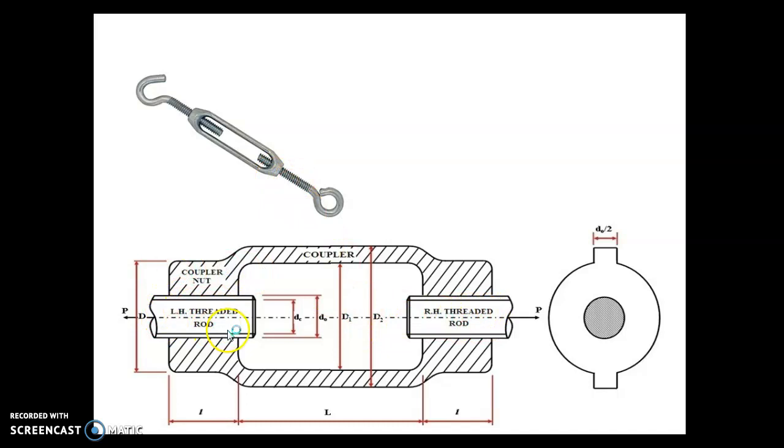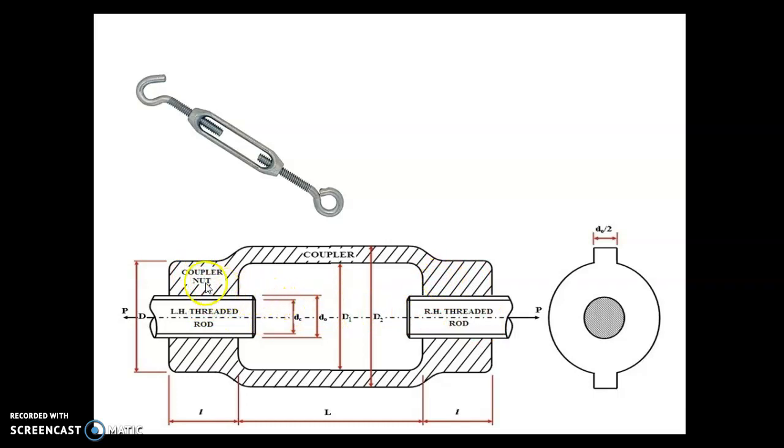For the left handed threaded rod, the threading is at a left handed angle, and for the right handed threaded rod, the threading is opposite to that of the left handed one. But the threading for the coupler nut and this coupler nut is the same.